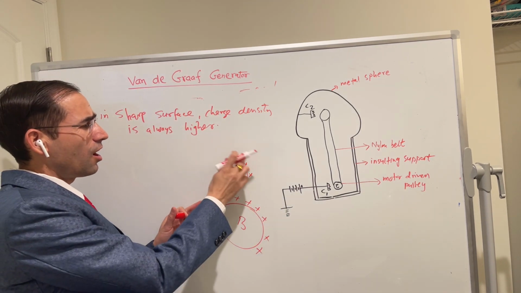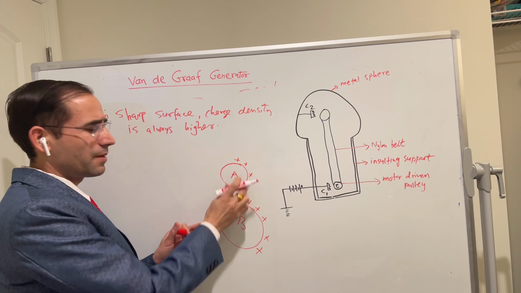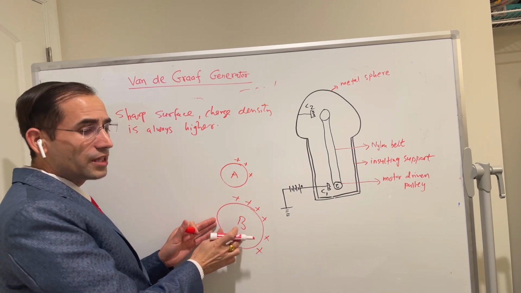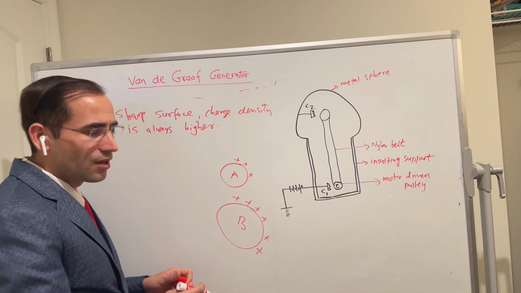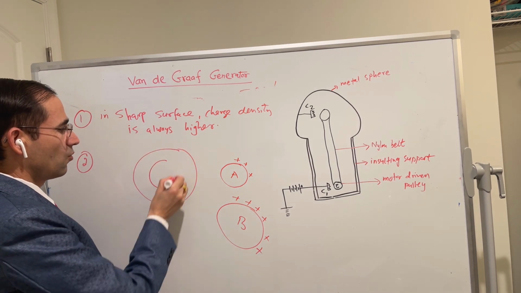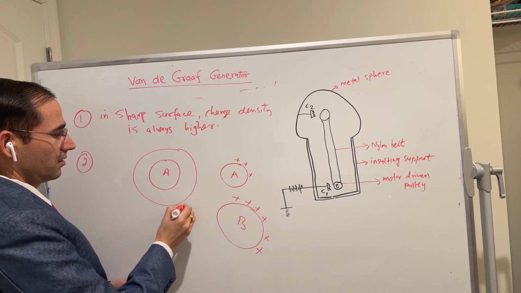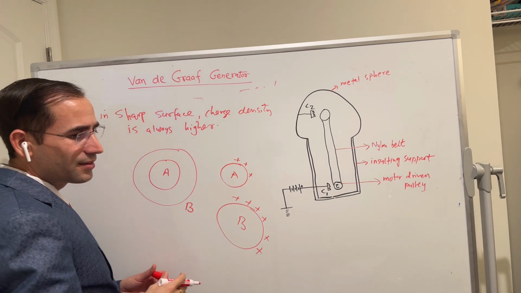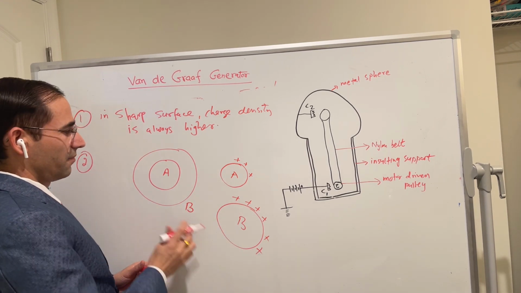If you want to remove all the positive charge from this spherical cell to this, what you can do is you place this smaller one inside the bigger one.